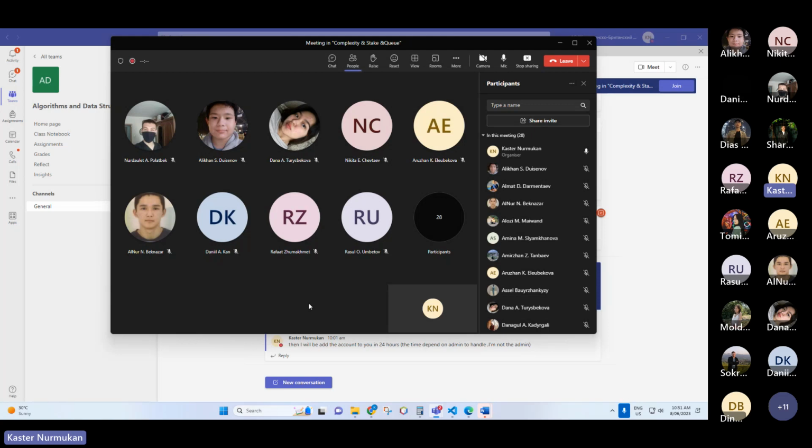I will give each task, and you need to complete it before the checkpoint. Otherwise you will get the default 75 points. So you just need to hurry.